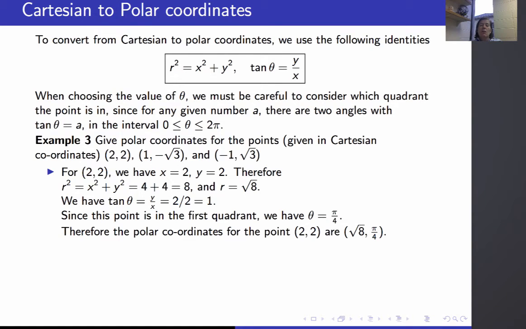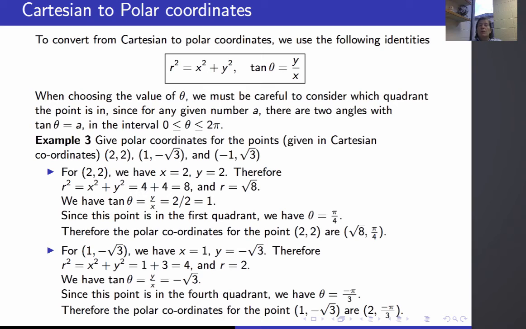I also know that this point is in the first quadrant, so theta must be pi over 4, because there's a unique angle between 0 and pi over 2 with tangent of theta equals 1, and that is theta equals pi over 4. So if the Cartesian coordinates for the point are 2, 2, its polar coordinates are r equals the square root of 8 and theta equals pi over 4.